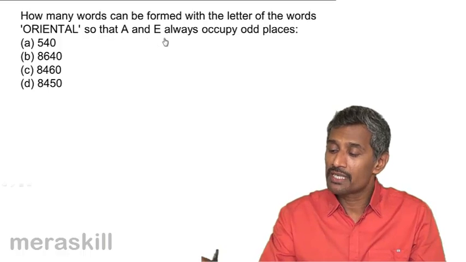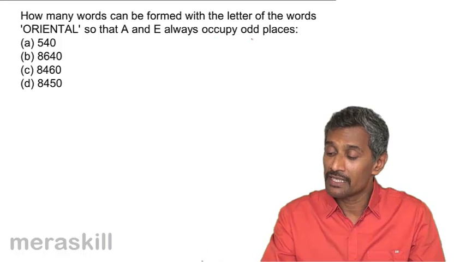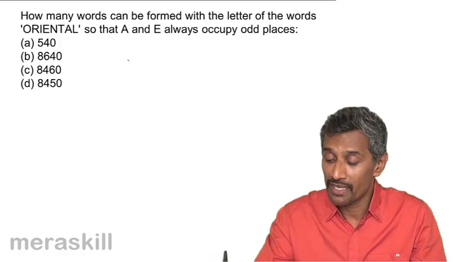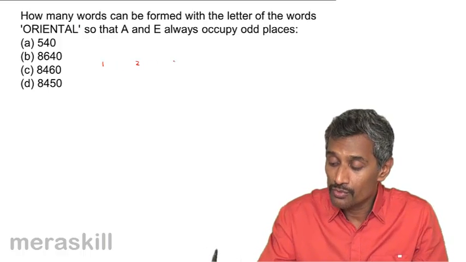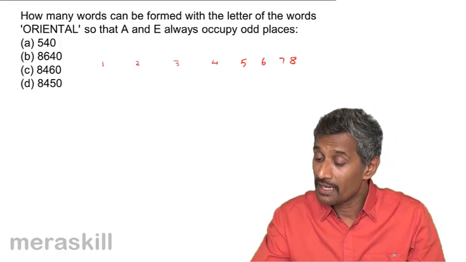How many words can be formed with the letters of the word Oriental so that A and E always occupy odd places? So we have 1, 2, 3, 4, 5, 6, 7, 8. And A and E always occupy odd places.